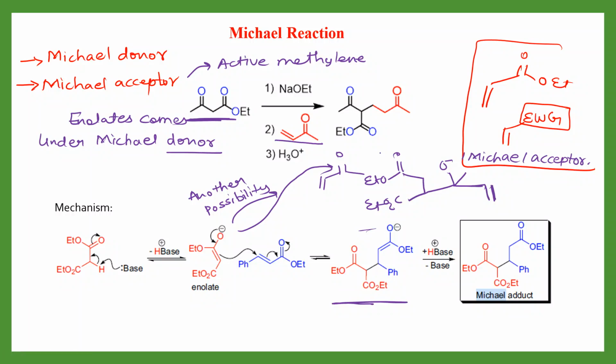Because if we look at the final product, let's draw its final product, CO2Et, CO2Et, and your OH, this, and let's say here hydrogen is also there. Let's say it forms this one. With respect to this molecule, it is more stable.